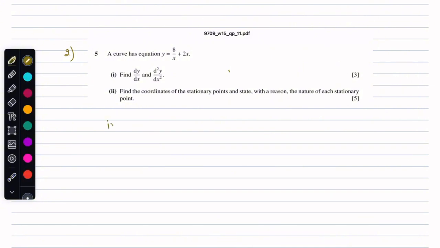Part 1, I'm writing y in a simplified form, which will be easier to find the first derivative. So y equals 8x^(-1) plus 2x. If I get the first derivative, then I can see here that dy/dx is going to be negative 8x^(-2), and then it should be a plus 2 here.